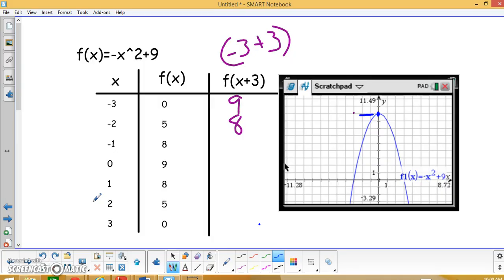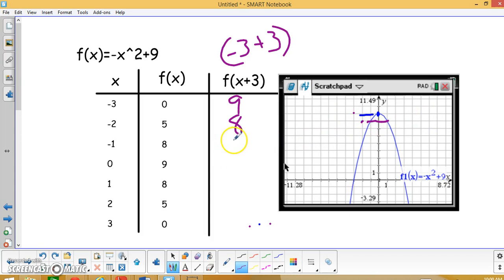Okay, so now my new point is -2, and I'm going all the way up to 8. So here is my new point. Now before my point was here, but now it's moved over 3 units.